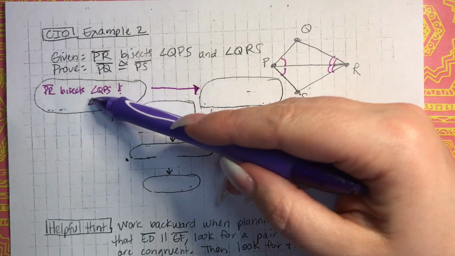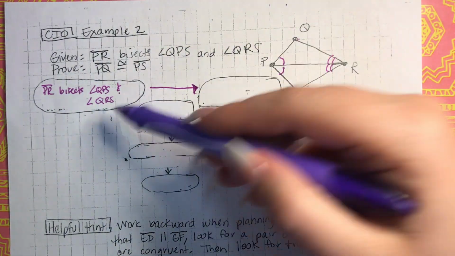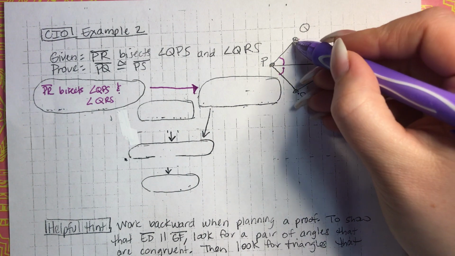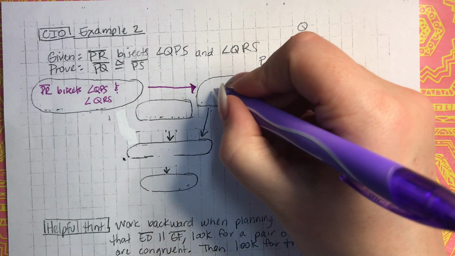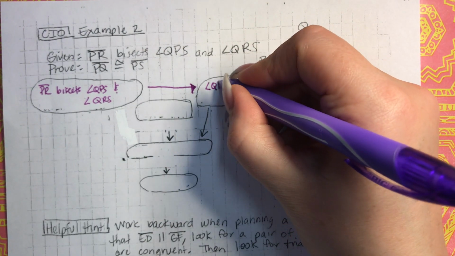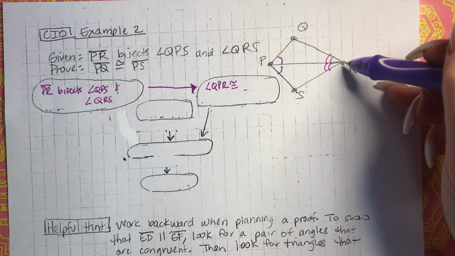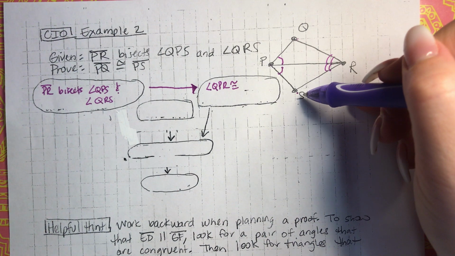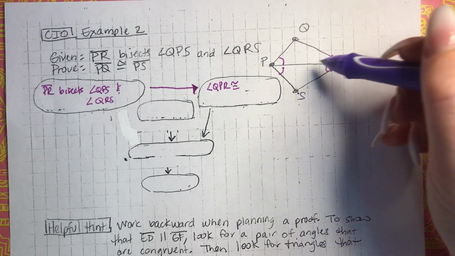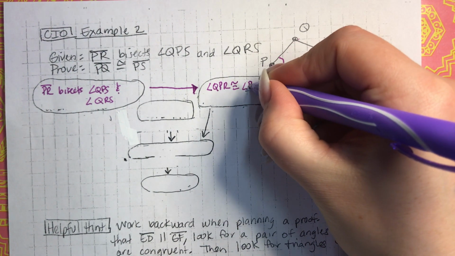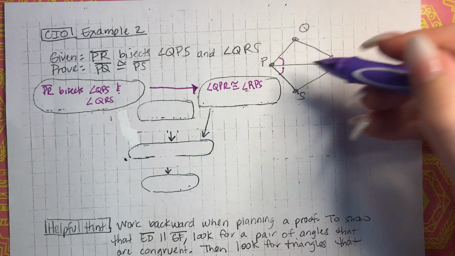So we know that PR bisects both of those angles, so we know that this first angle, angle QPR, is congruent to RPS. Okay, that's that first one.